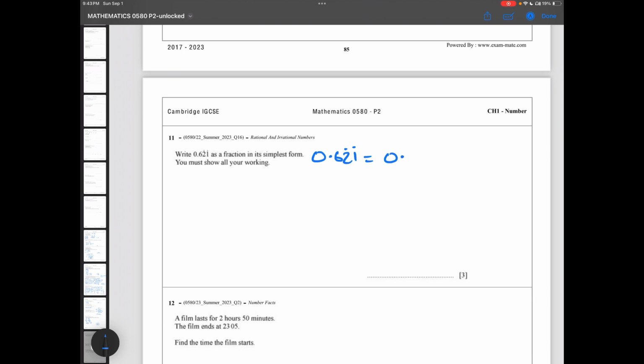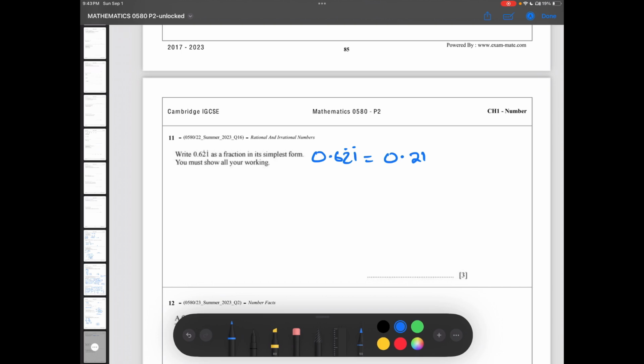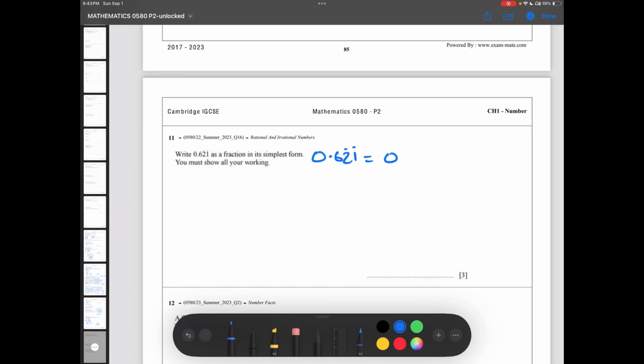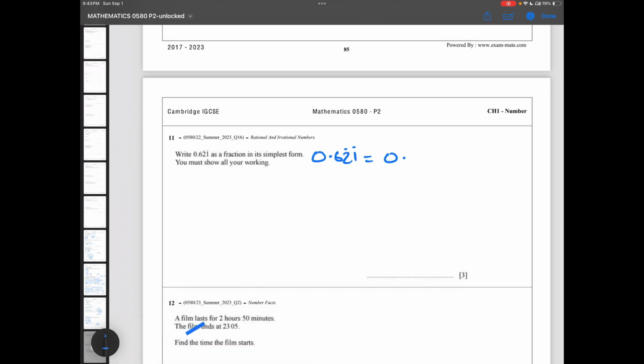This is equal to 0.621212121 and so on. I don't need to write more digits than this.